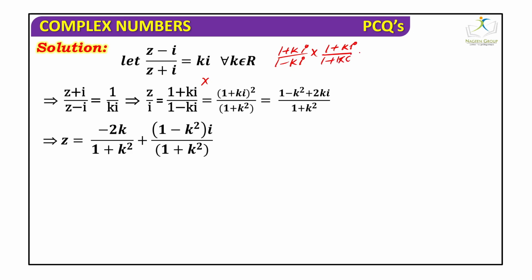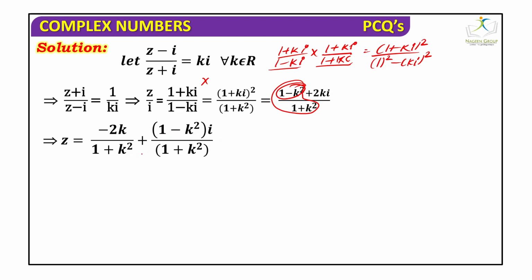The numerator becomes 1 plus k iota whole squared and the denominator becomes a squared minus b squared, so 1 squared minus k iota whole squared. From here we have this real value, this complete real value, 1 minus k squared divided by 1 plus k squared, and 2k divided by this.